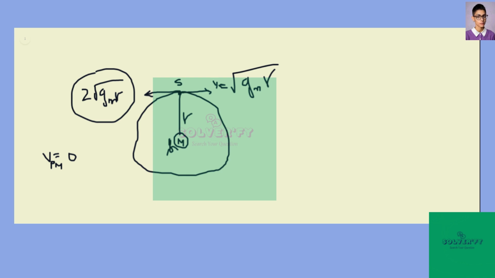Well, then with respect to this person sitting on the moon, the velocity of the probe would be, in the second case, root g M over r.